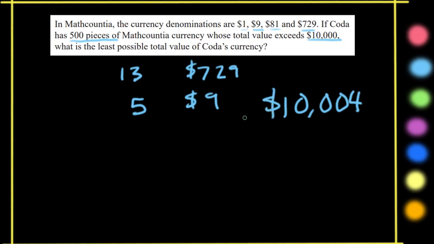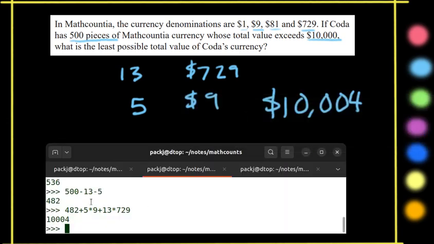I guess we didn't even have to deal with the $81 bills, and I think if we would have put an $81 bill, we wouldn't have had enough. Well, we wouldn't have been able to get up to 500 pieces, right?